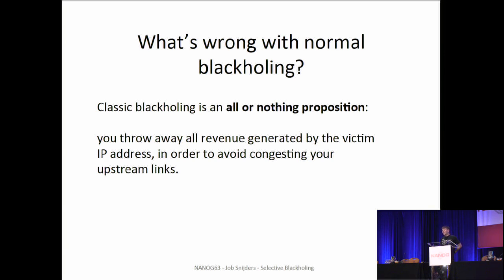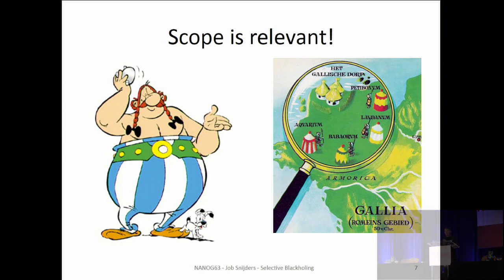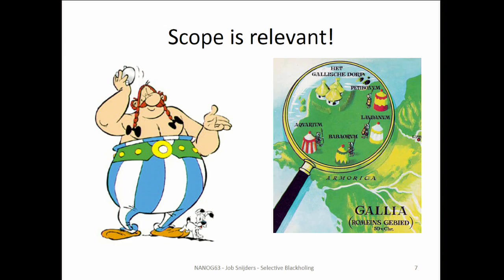So all or nothing, I don't think things should be as black and white as they are with classic blackholing. So then we introduced the concept of scoping. As I said, a Texas web shop owner cares about American visitors, less so about Dutch.